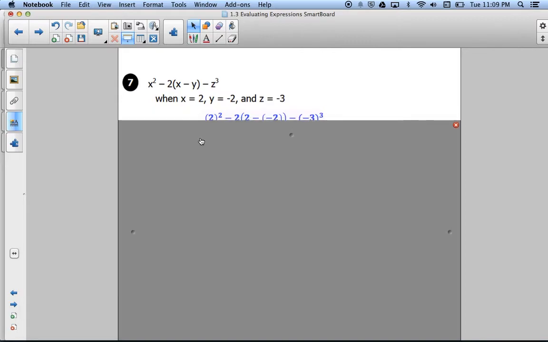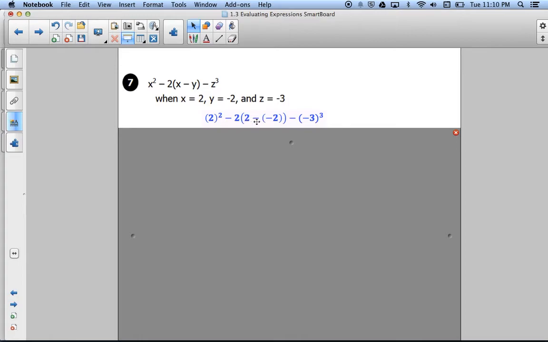So let's see what we've got here. A lot of 2's in here. We've got a 2 and a negative 2. So I'm going to say x squared, so I'll get 2 squared minus 2 times the quantity of x minus y. So I'll say minus 2 times the quantity of x, which is 2, minus y, which is negative 2.